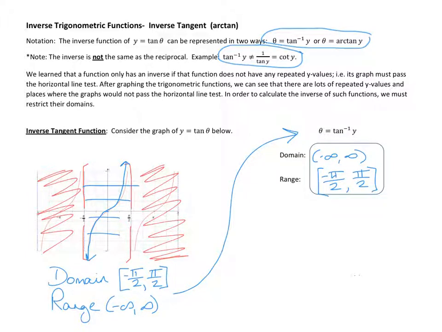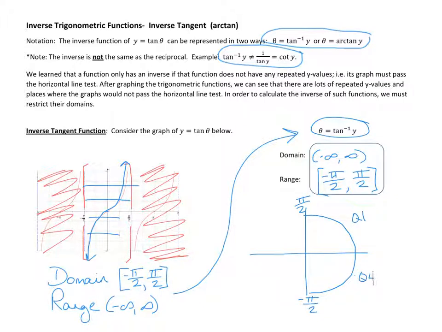Now remember that for the arctangent, my answer is some kind of angle. It's theta. And we've just stated that our range should be somewhere between -pi/2 and pi/2. So let's look at this on the unit circle. We have -pi/2 down here and pi/2 up here. So our answers will be limited between -pi/2 and pi/2, which is quadrant 1 and quadrant 4. Now, where is tangent positive and negative?